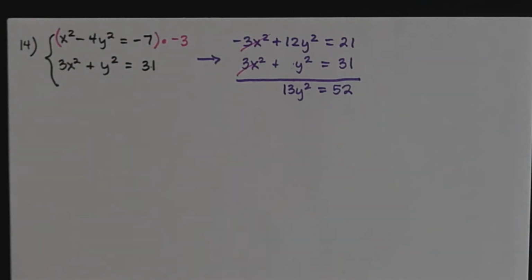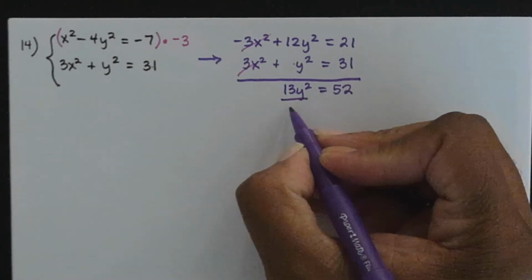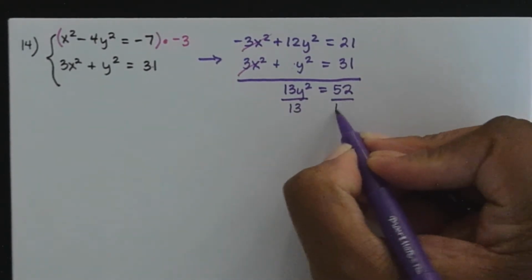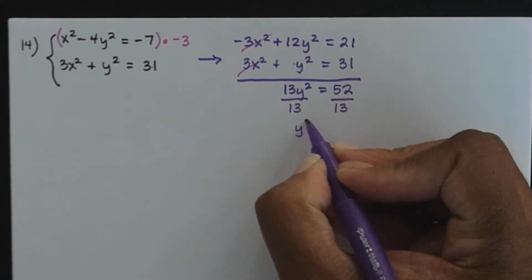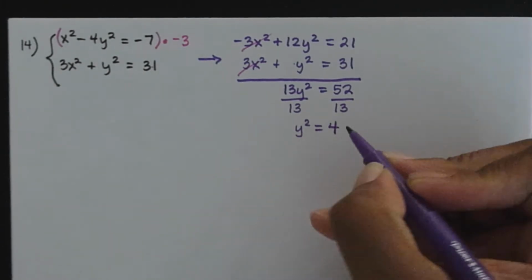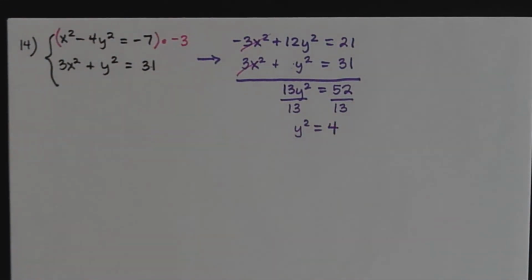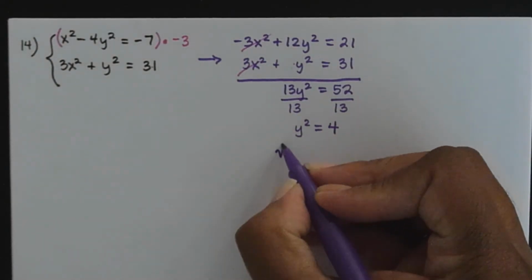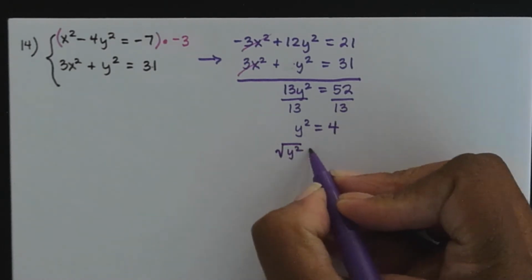Now to solve for y squared, we divide both sides by 13. So that means y squared is equal to 4. And to solve for y, we're squaring the y, so the opposite would be to take its square root on both sides.